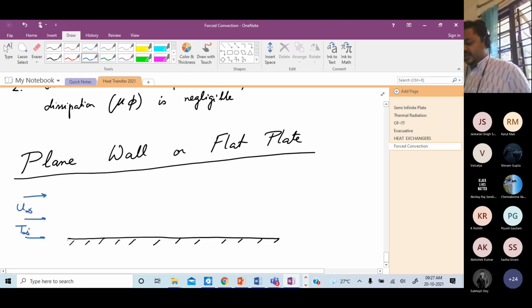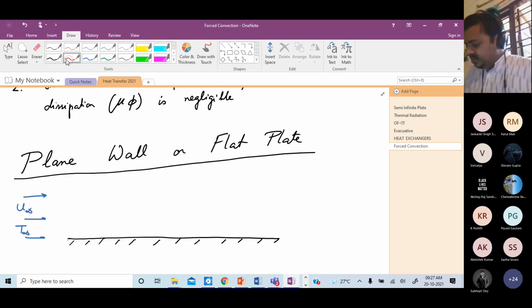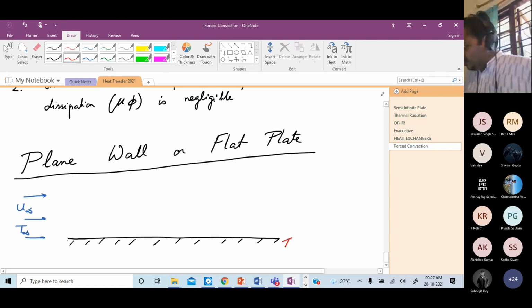The fluid is coming at a velocity u infinity and at a temperature T infinity. Let us assume the wall is at a constant temperature Tw. Now this is my x direction, this is my y direction, all that we already know.